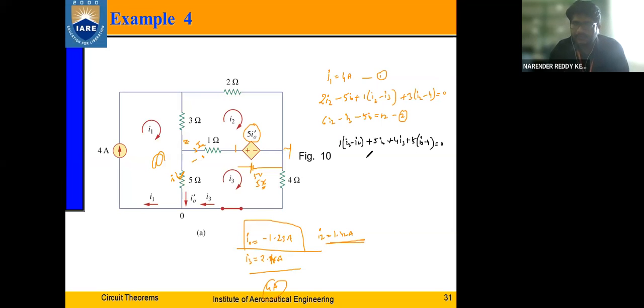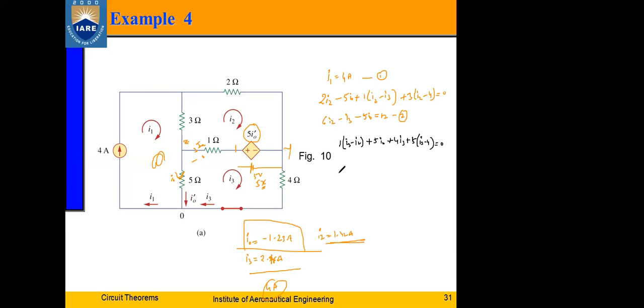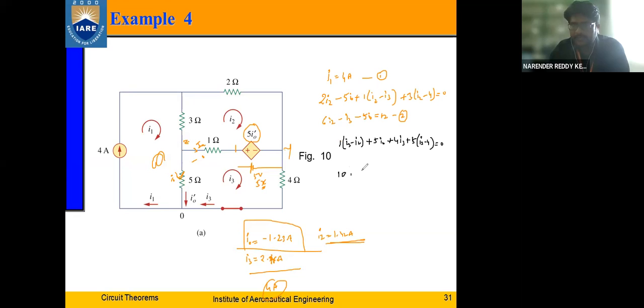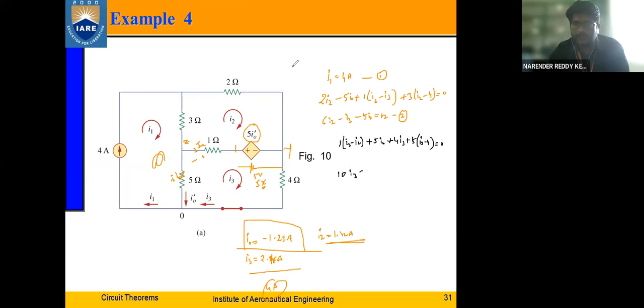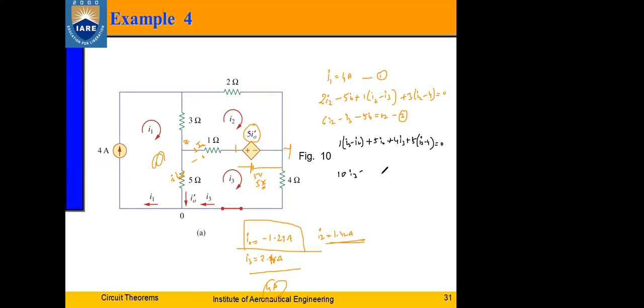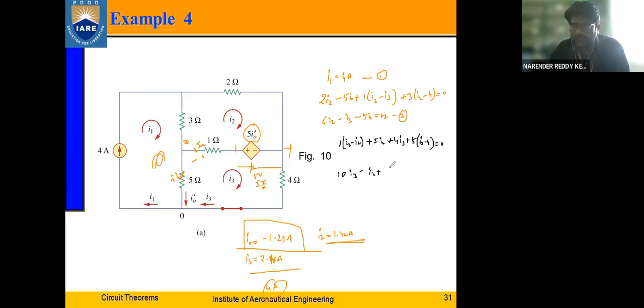Fine. So solving this, what's the equation we are going to get? 10I3 minus I2 plus 5I0 minus 20 equal to 0.